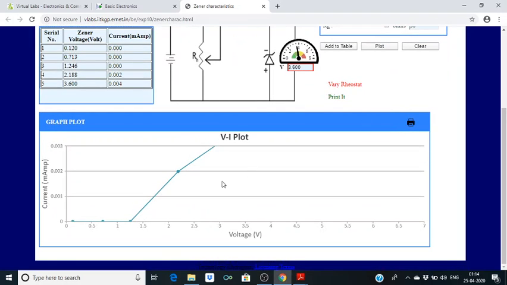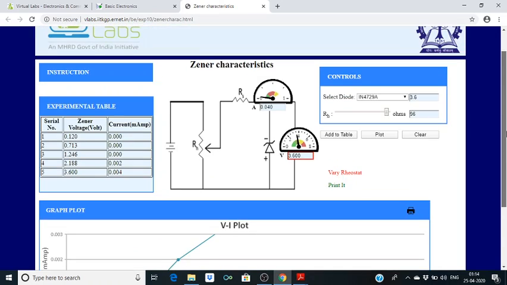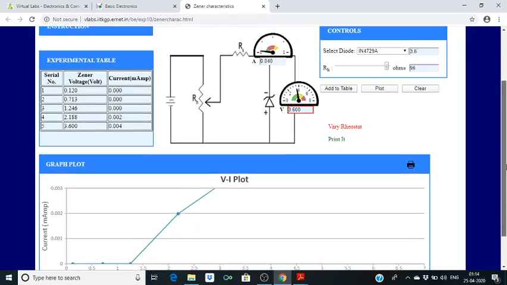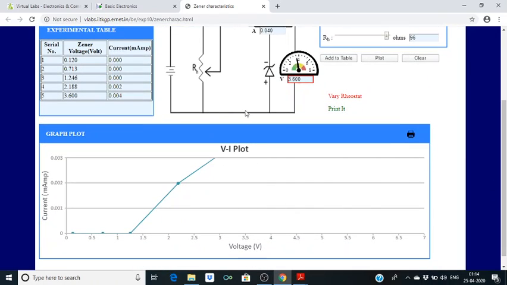So you will see that this curve is not perfectly proper because it is not showing beyond 3.6. Our breakdown is 3.6, but this scale is still only this much current level. But you can see that the current rises abruptly after a certain voltage.